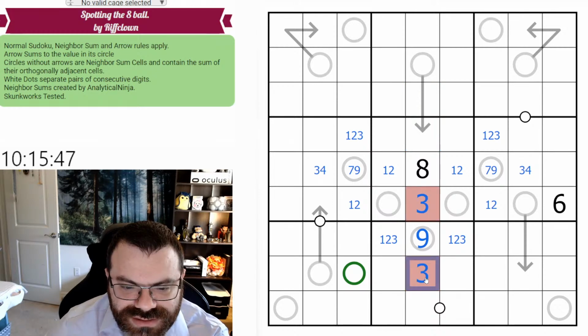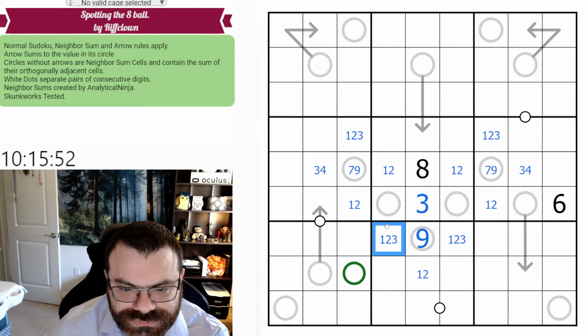So what's going on? Okay, this can't be a 3. Oops, can't be a 3. So what's going on with this sum then?